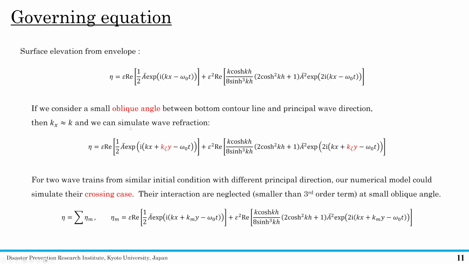So we can consider an oblique case when the wave direction has a little angle with the bottom change. Then we can have a refraction process, and in a very, very special case, we can also consider two groups of oblique waves and their crossing.